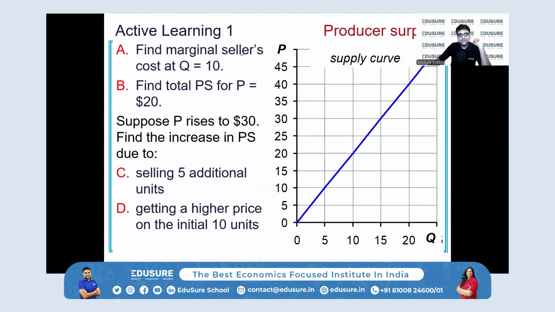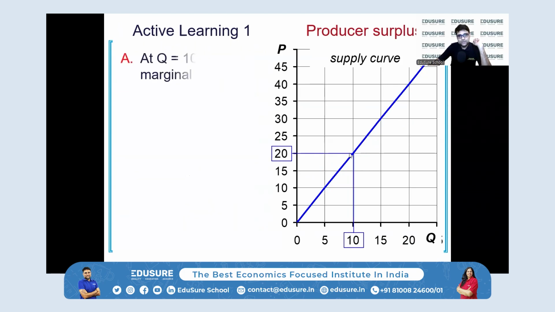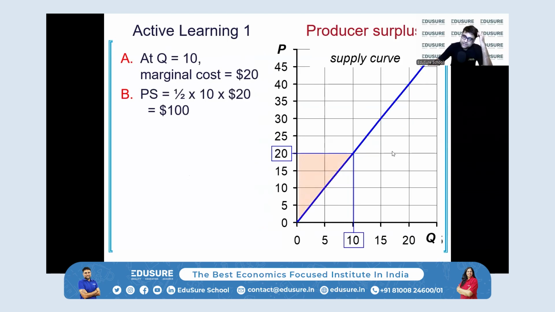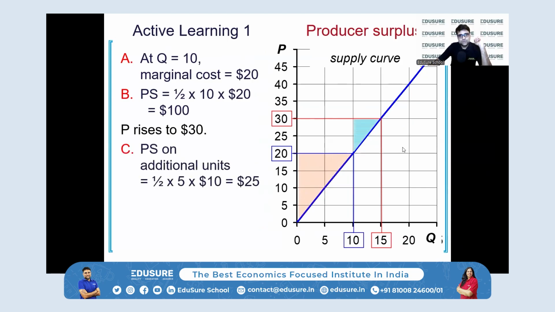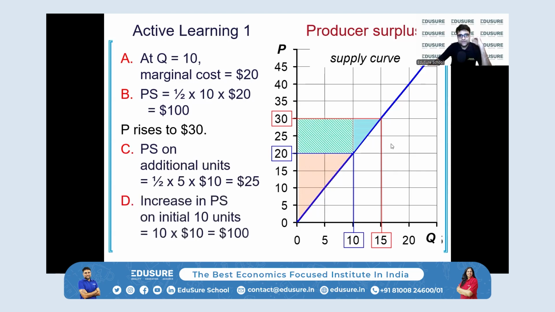So find the marginal seller's cost at Q is equal to 10. It's 20. Producer surplus is this half into 10 into 20. P rises to 30. Producer surplus on additional units is this small sky blue triangle, which is half into 5 into 10, which is 25.